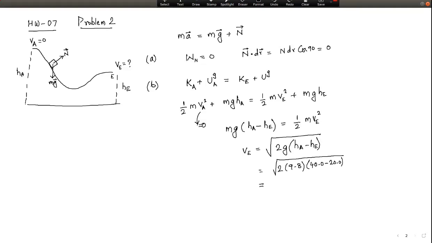And that's equal to 19.6 into 20, and that's 19.8, which is 20 meters per second.